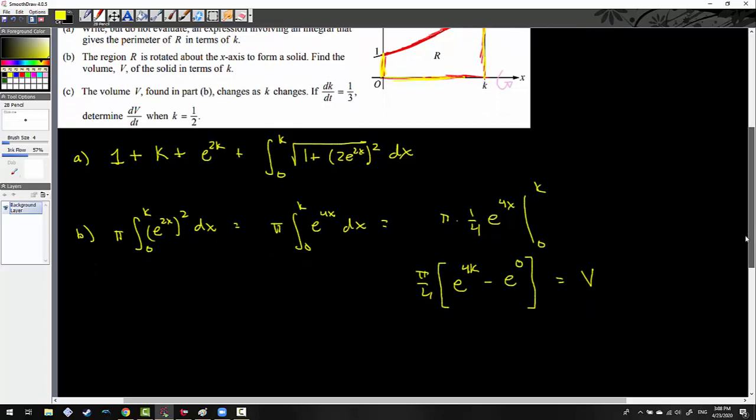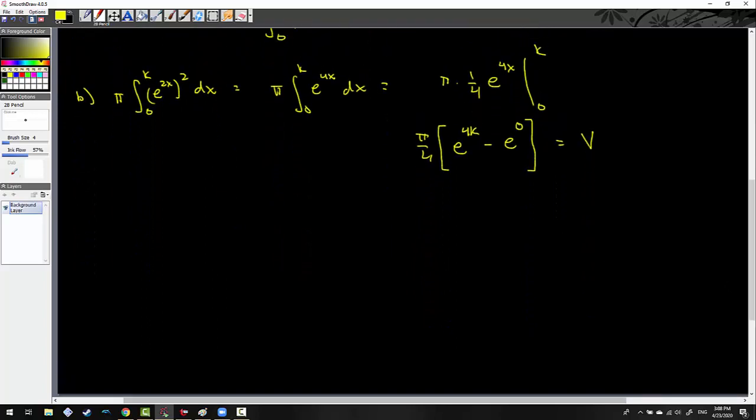Okay, let's see if we have enough space here for part C. We might have enough space for part C. It says in part C, the volume V found in part B changes as k changes. So they're telling us dk over dt is equal to 1/3, and they want dV over dt when k equals 1/2.